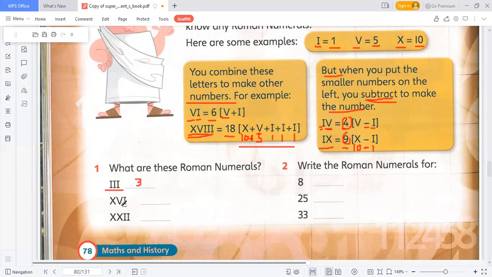11. Oh, are you sure? Okay, try to think. X is 10, V is 5, I is 1. What will you do? Do you add them or do you subtract them?